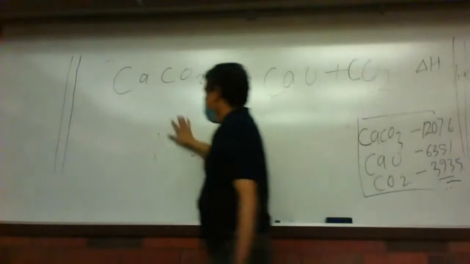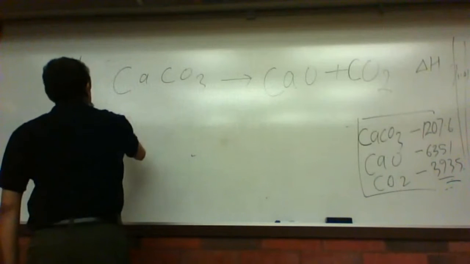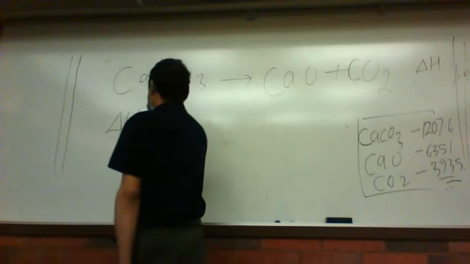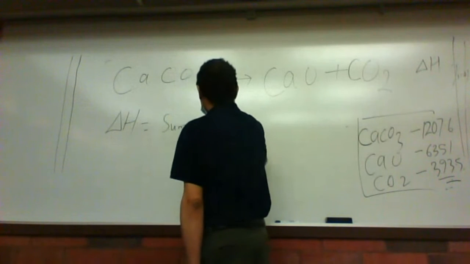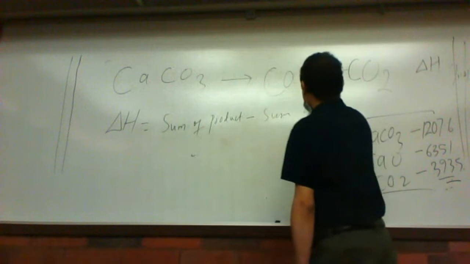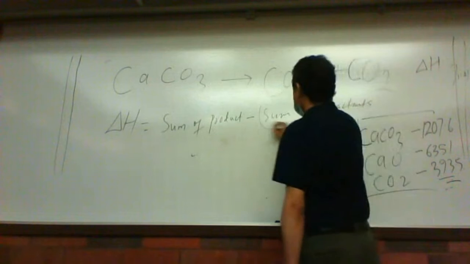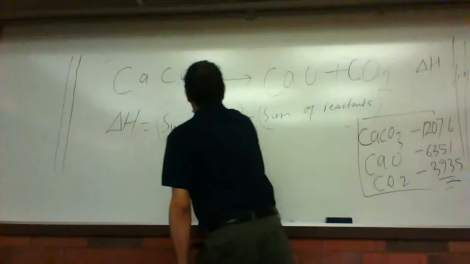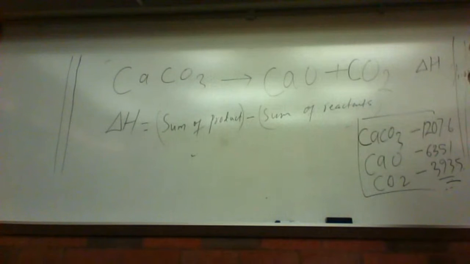It's pretty easy. If you want to find the heat change for this reaction, this is the total heat reaction change. We write delta H equals sum of product minus sum of reactant. That's how we calculate. This is heat: sum of the product side minus the sum of the reactant side.